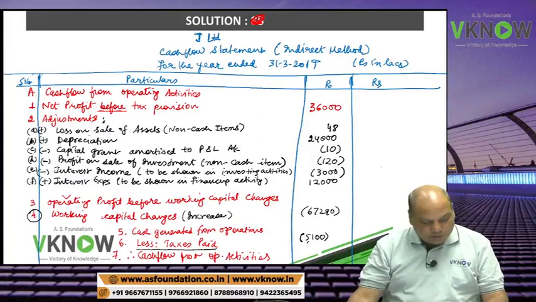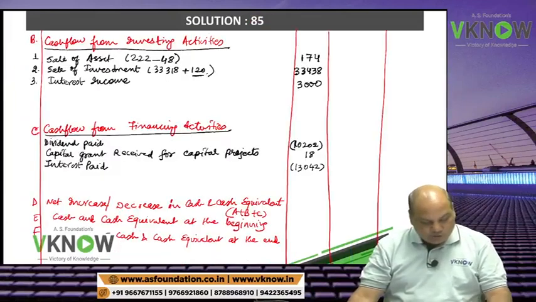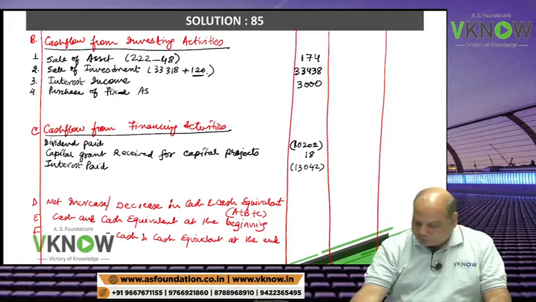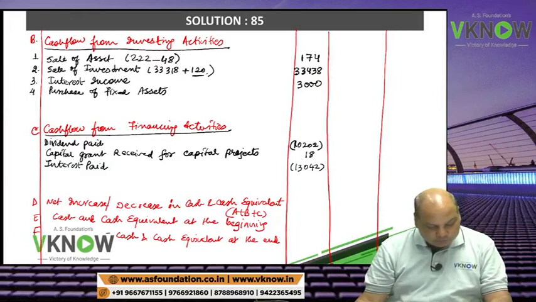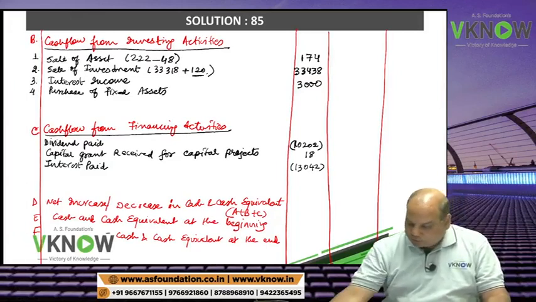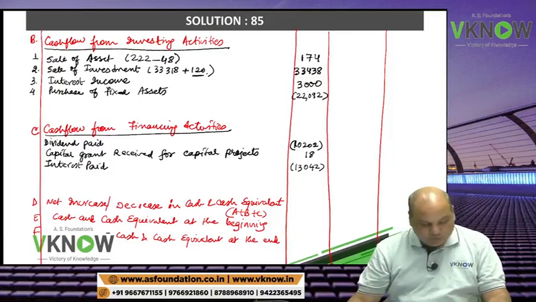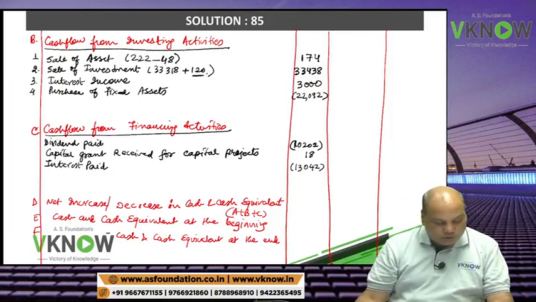Next point, number 12 in your book, purchase of fixed asset. That is very easy. Investing activity, write down purchase of fixed asset. Avoid writing short form, because then you develop that habit, and then in the exam you write in short form, they give you short form marks also.